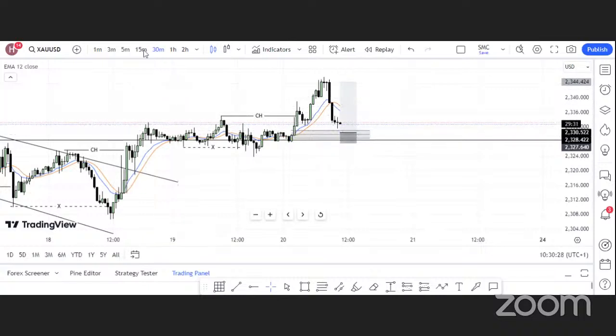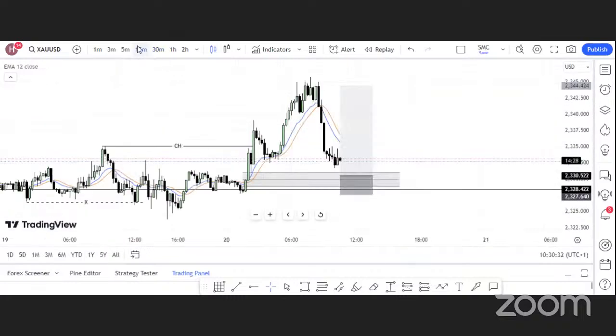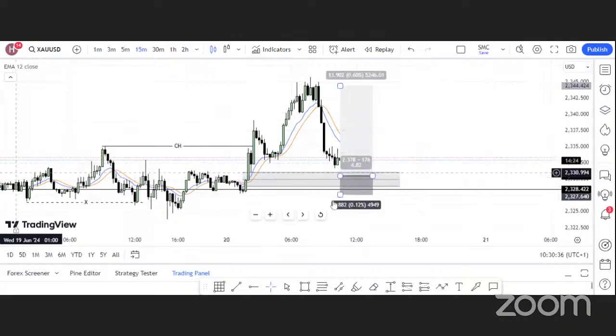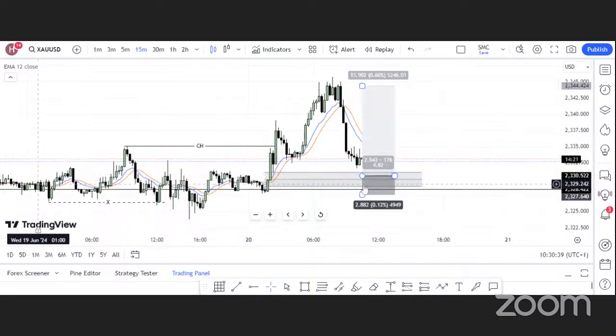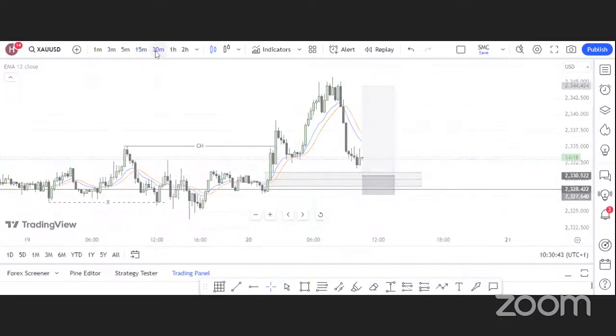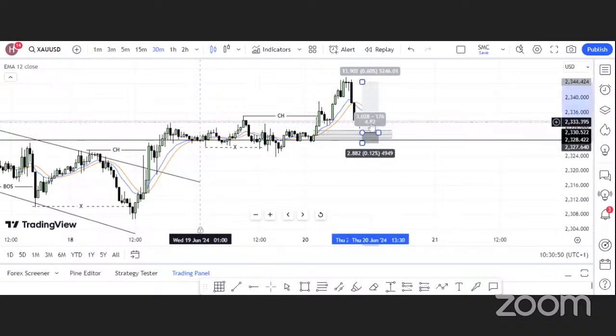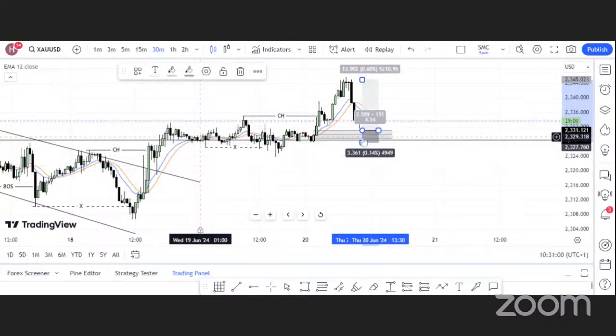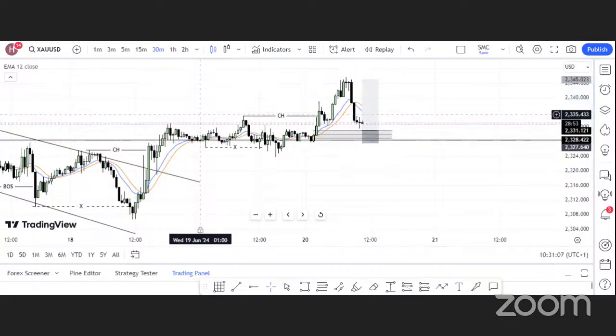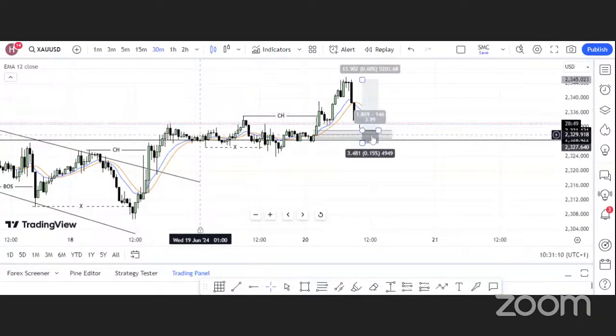The candle already ended. So my analysis: I expect the market to come to this level, retest the level before making the bullish move.